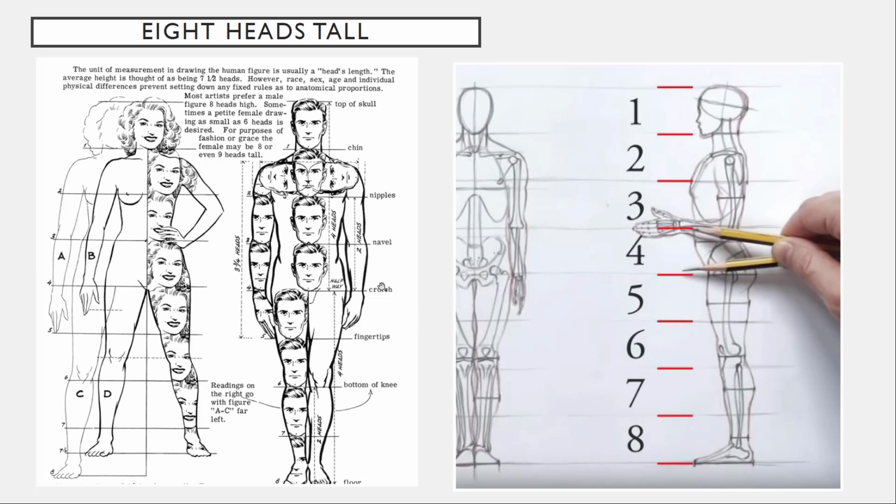That's the halfway mark. 1, 2, 3, 4, and you get 8 heads tall. Here you go, 8 heads tall. It's the average person, maybe 7.5 to 8 heads tall. It's very different for every individual, but that gives us a place to start.